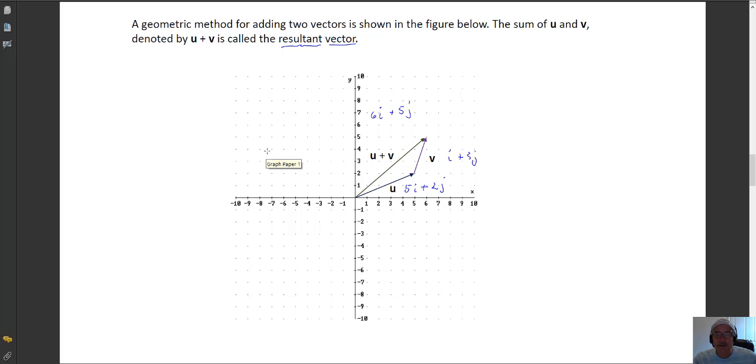Okay, now also some books would call this the parallelogram effect as well. So notice I went from the initial point of u to the terminal point and then the initial point of v to the terminal point, which gives me this resultant vector here. But I could also have taken v and started here at the origin. I could go over 1, 3. I don't have this as pretty as the other one.